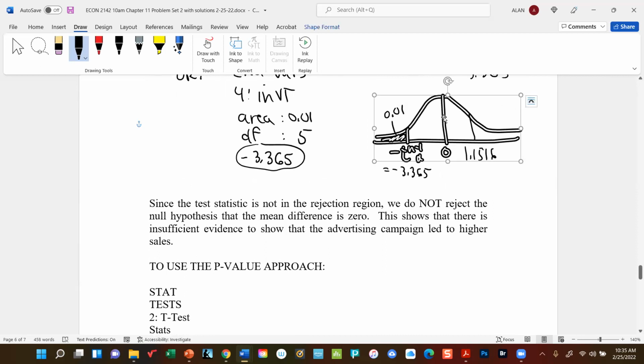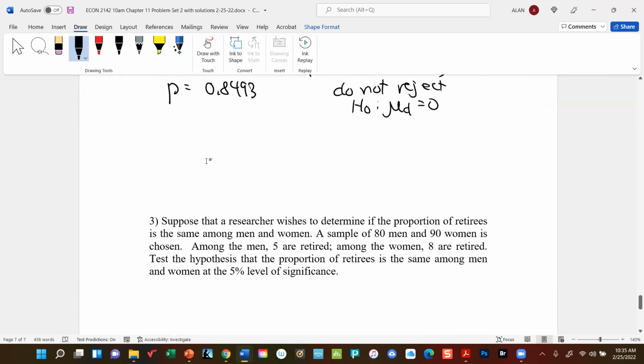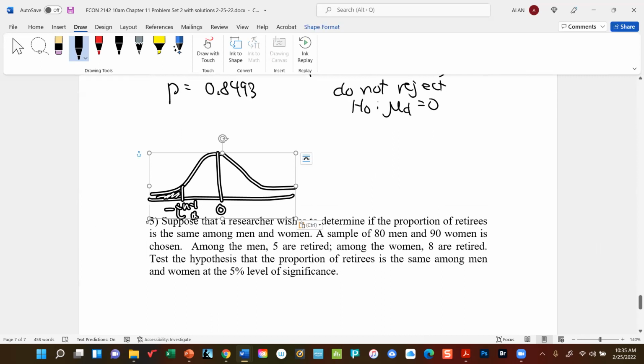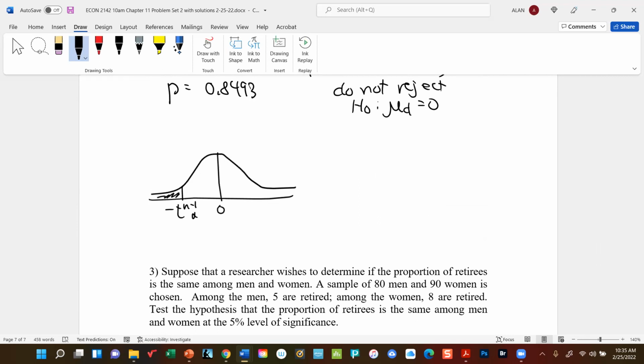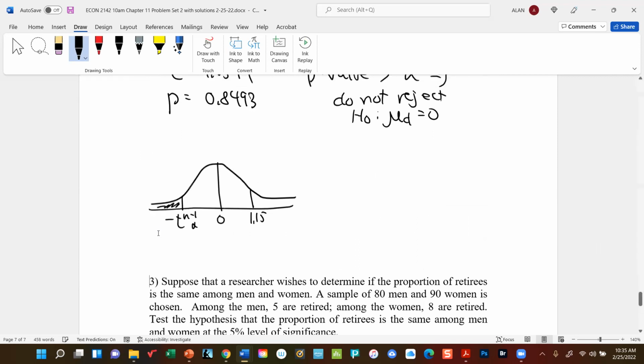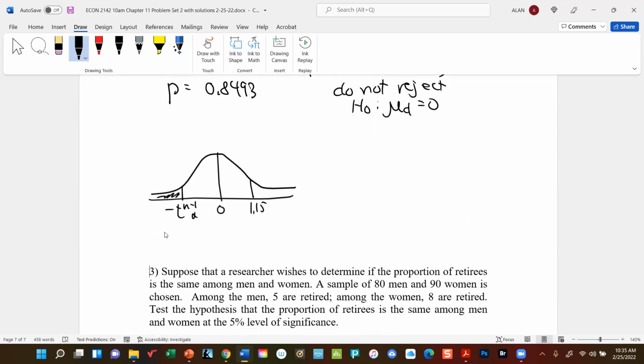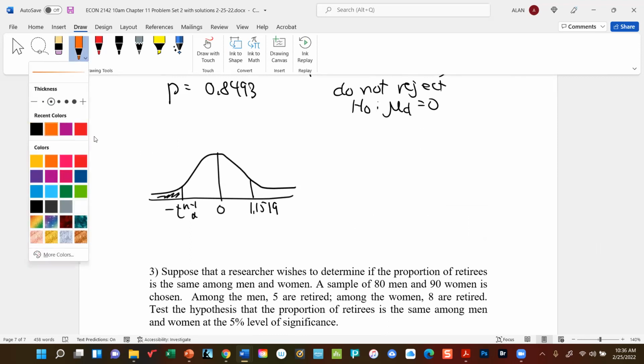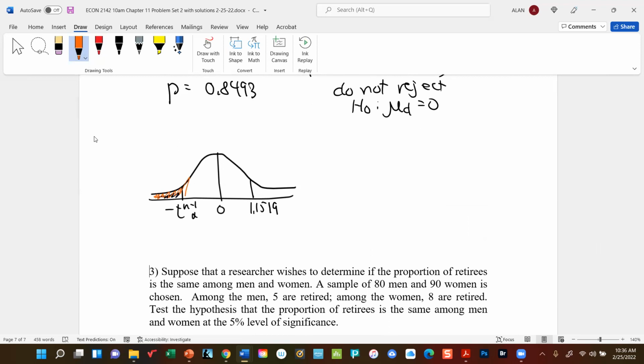Okay, in fact, maybe we could grab this just to illustrate how big this really is. So it's gigantic.